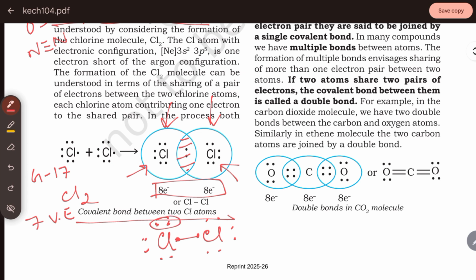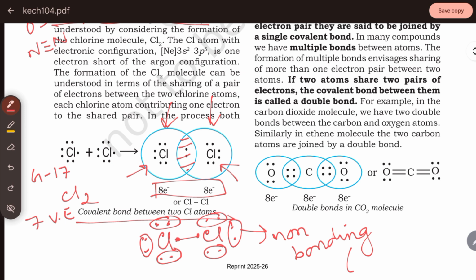And the electrons which are not involved in the bonding, existing in pairs, are the non-bonding electrons, and so they are known as lone pairs of electrons.